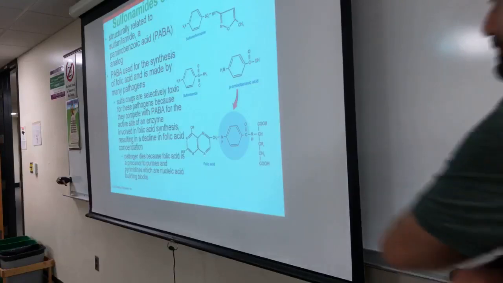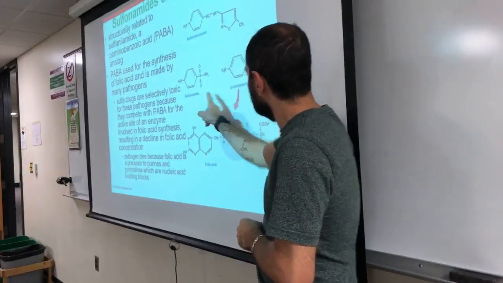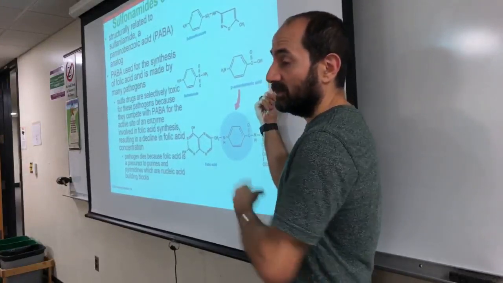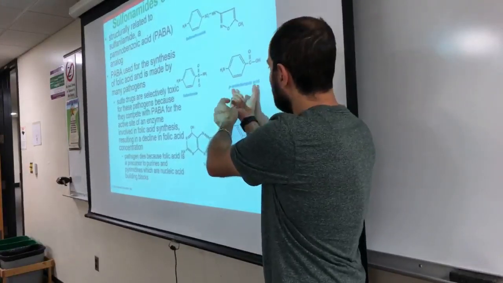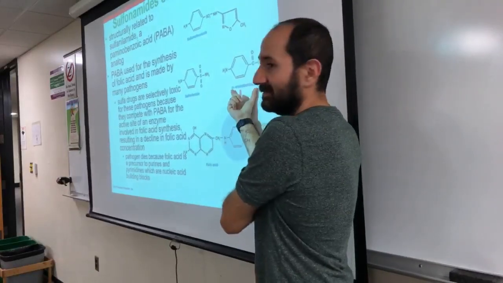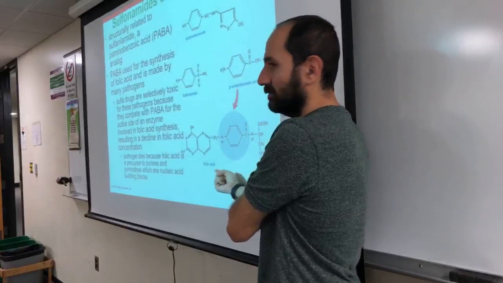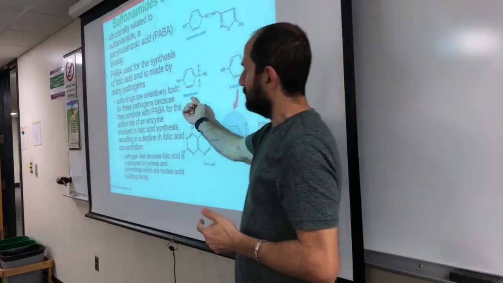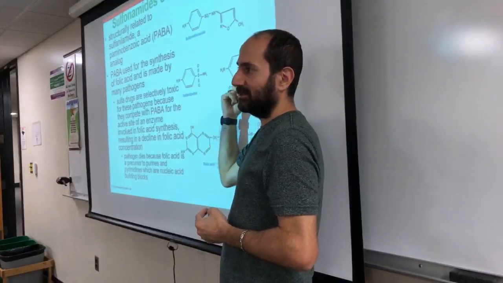In this case, the sulfonamide is mimicking this other guy, p-aminobenzoic acid. Remember PABA, right? PABA is necessary to make folic acid. You need folic acid, right? Well, the sulfa drug mimics PABA, right?